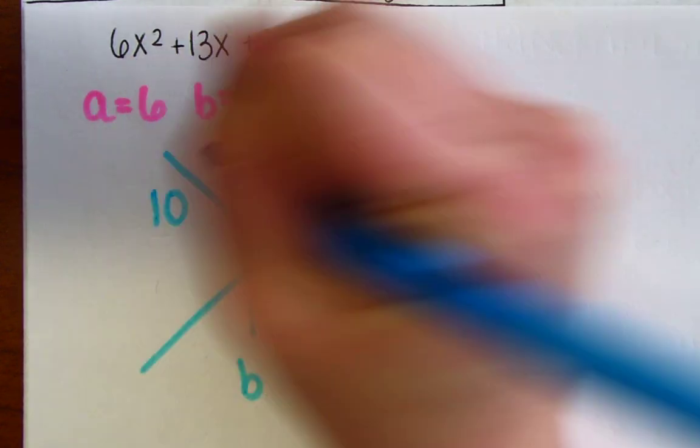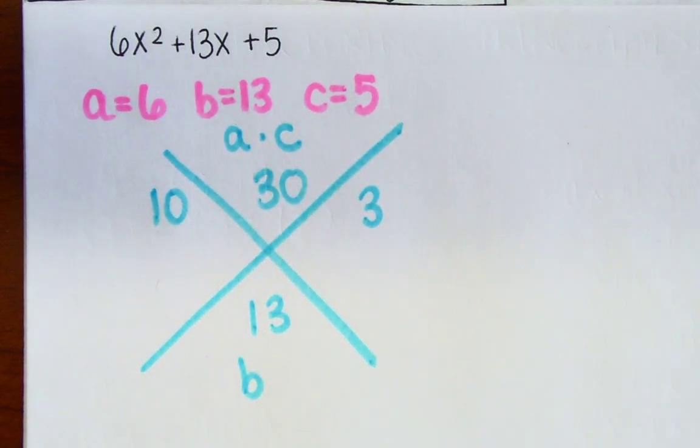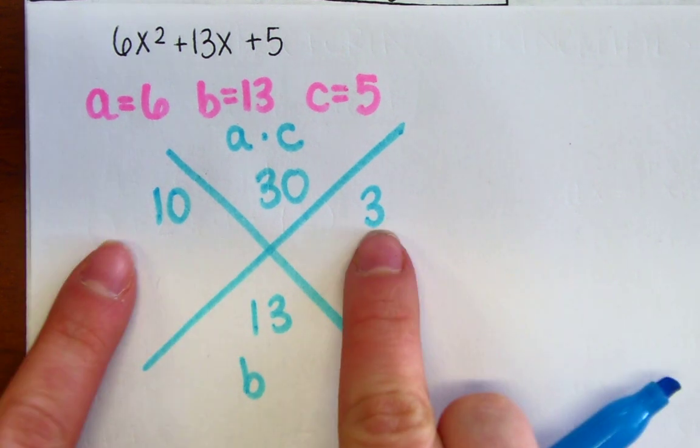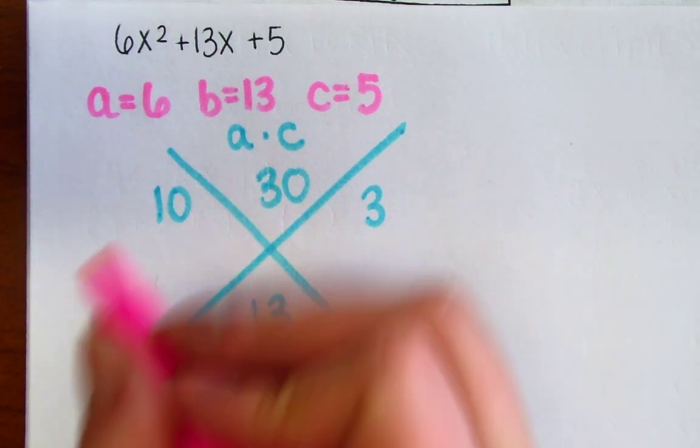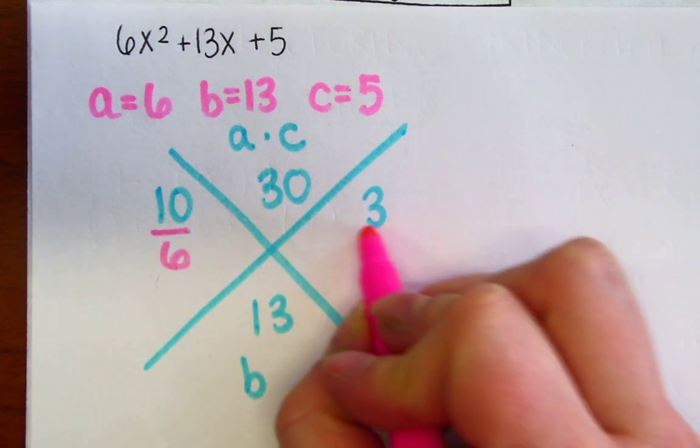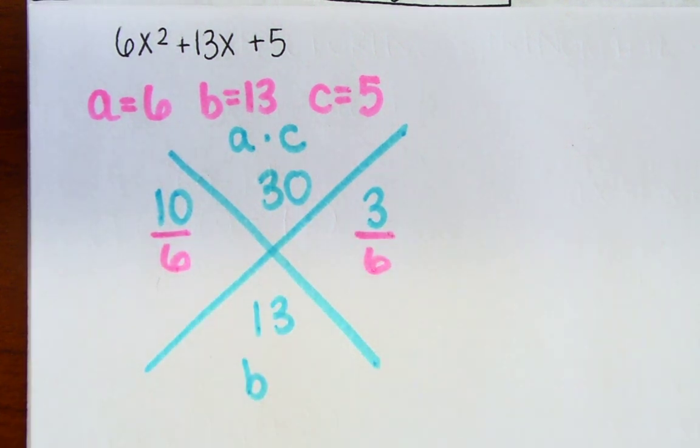So I'm going to put one of my factors on one side and the other one on the other side. It doesn't matter which way you do it. Then from here, we are going to divide each one of these two numbers by whatever A is. In this case, A is 6, so I'm going to divide 10 by 6 and 3 by 6. Now, we're going to reduce them, but we want to leave them as fractions, because that helps us figure out what our numbers are going to be in our parentheses.